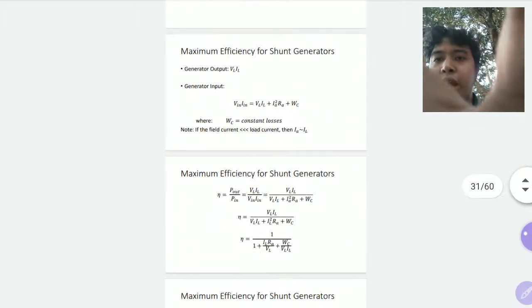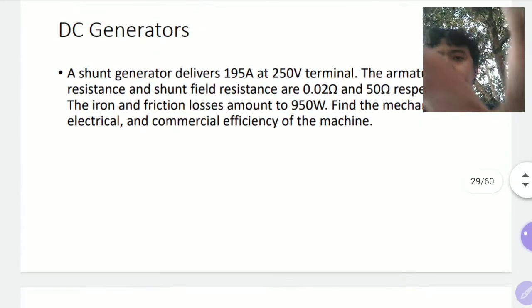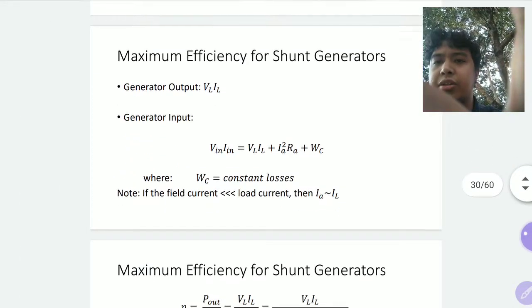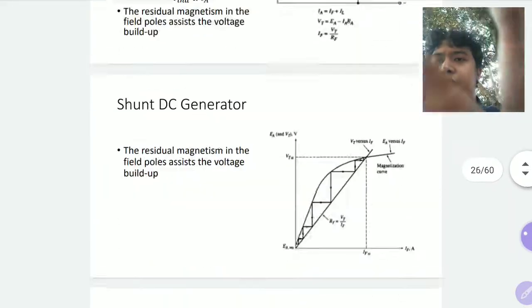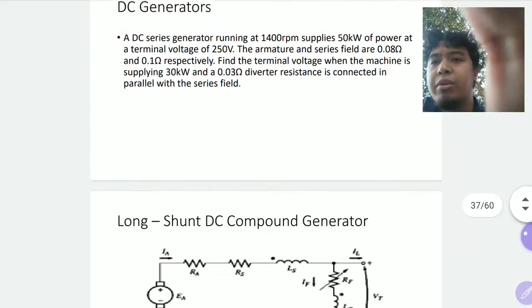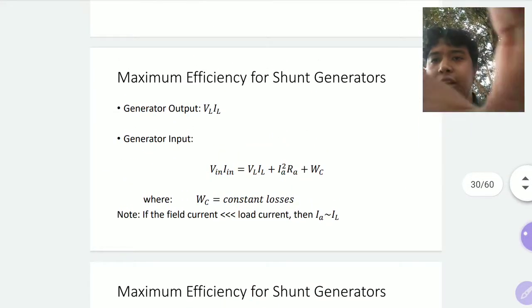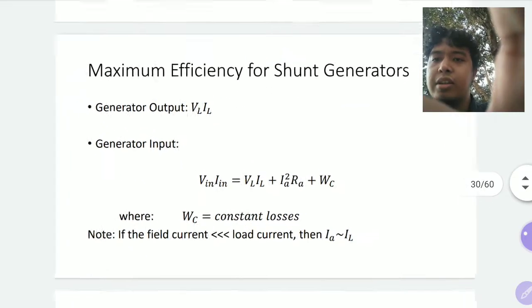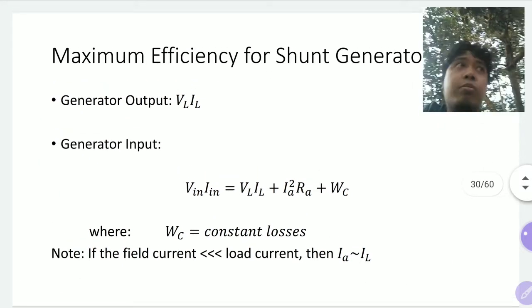If you want to achieve the maximum efficiency of a generator, this is just for shunt generators. I don't have one for series. For shunt generators, efficiency is output over input.